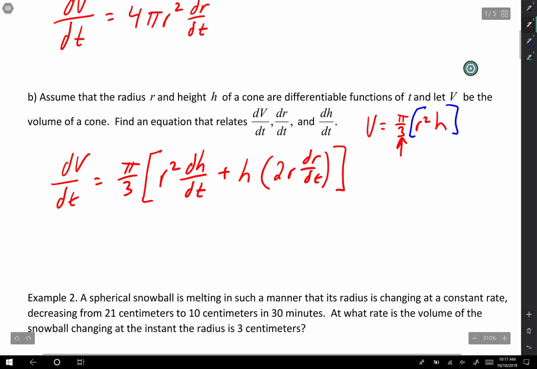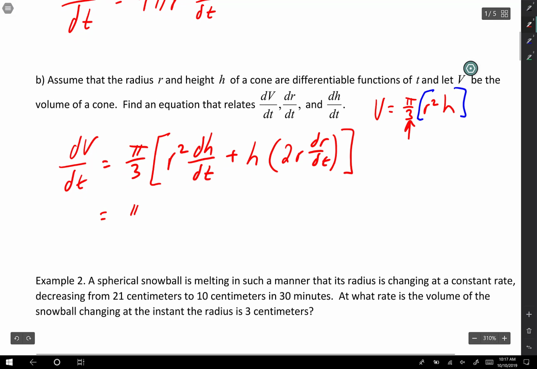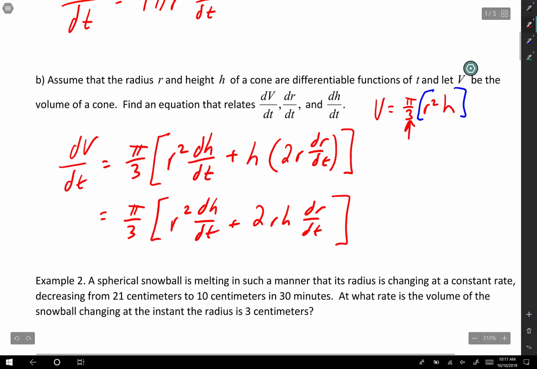If you want to rewrite it nice and pretty, pi over 3 factored out, r squared dh/dt plus 2rh dr/dt. I probably should have written 2hr, but oh well, because h comes before r in the alphabet. And there it is, guys. How do we feel? All right, we're done.